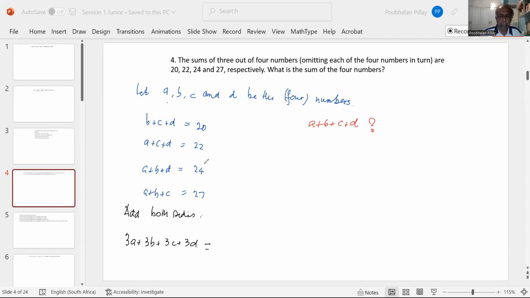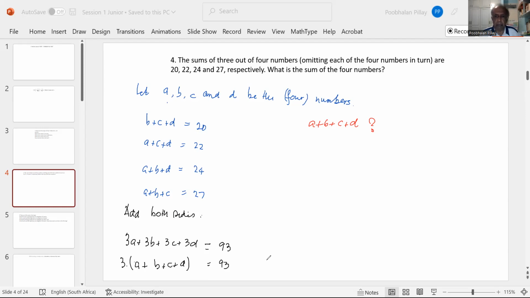So when you add these four numbers, what do you get? You get 42, 66, 93. Right? So 3 into 3, you can take out 3 as a common factor. 3 into A plus B plus C plus D equals 93. See, because if you expand this, you're going to get the same thing as that, 3A plus 3B. So you can remove it as a factor.